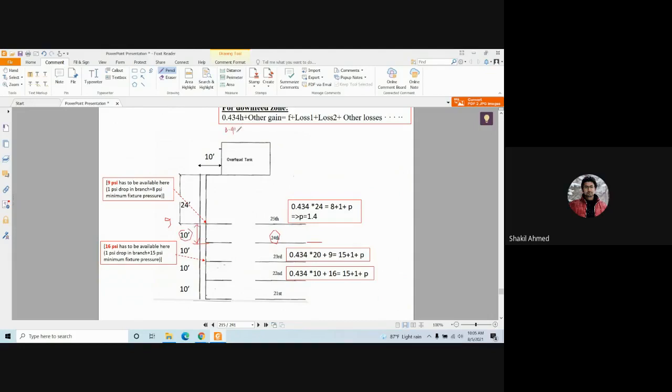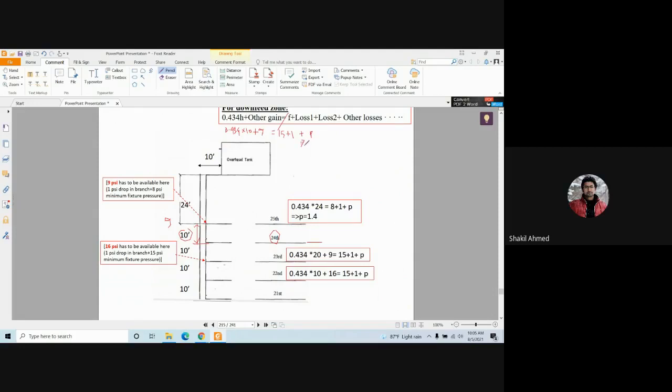So 0.434 into 10 plus the other gain, that is 9, equals the fixture pressure here, which is 15 plus 1 plus small p. What would be the value, guys?